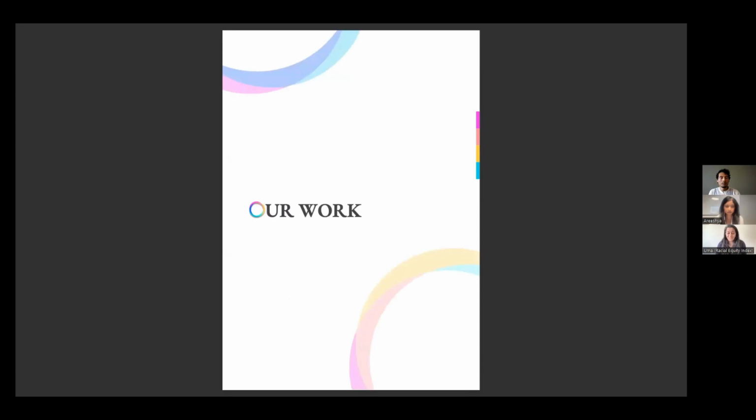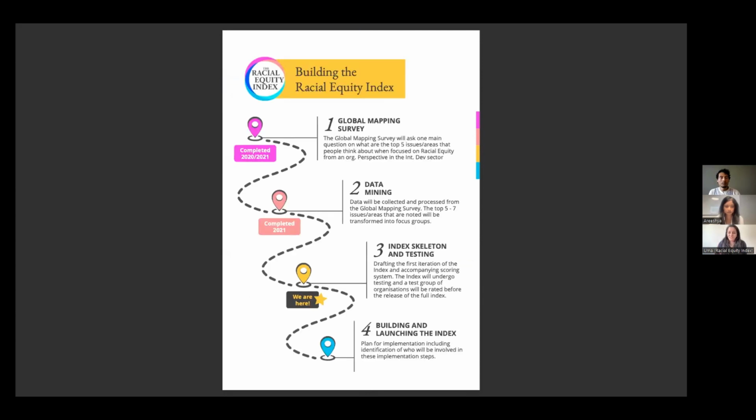We have been on a journey since July of 2020, when everything kind of was cracked open within the global development sector. We started by launching a global mapping survey, specifically targeting people within the sector. We want to hold organizations accountable, but ultimately organizations are made up of the people that work within them.